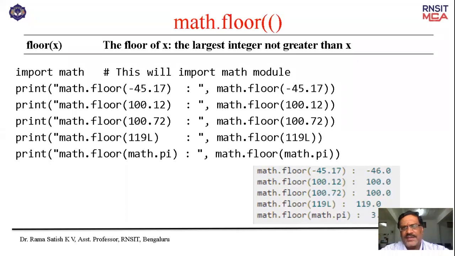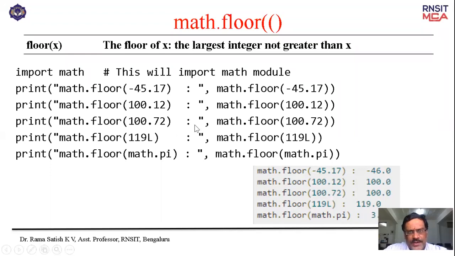So math.pi 3.14 is displayed as 3.0. The floor value of 3.14 is 3.0. Same thing, you can certainly check the floor of all these values.